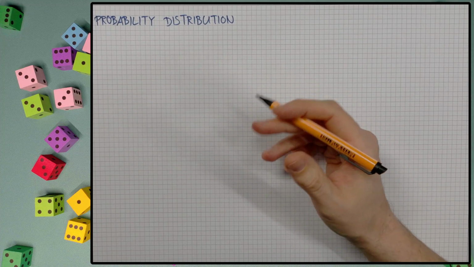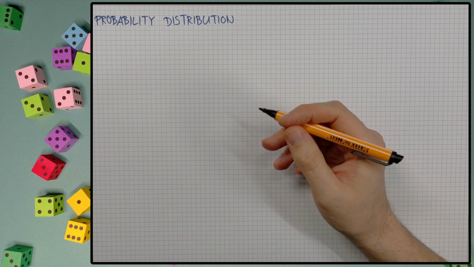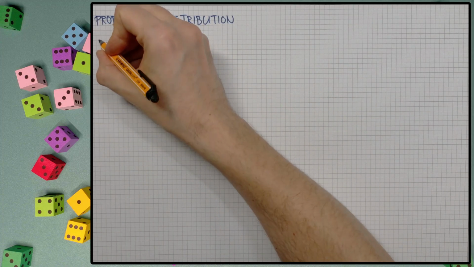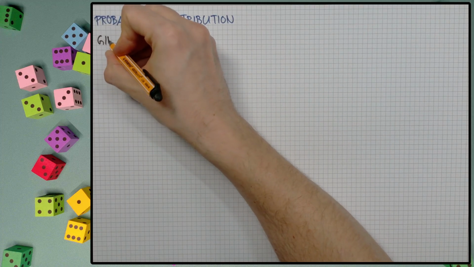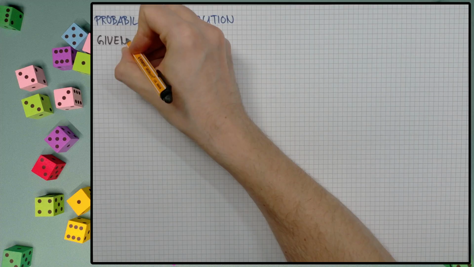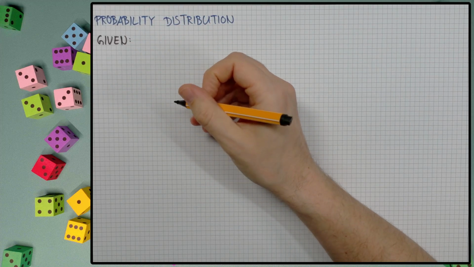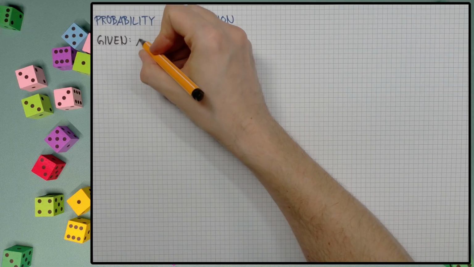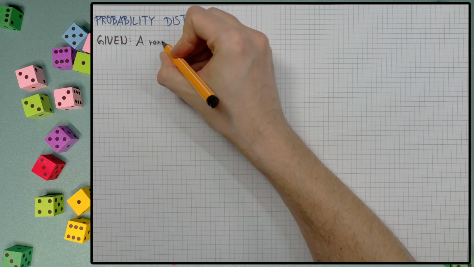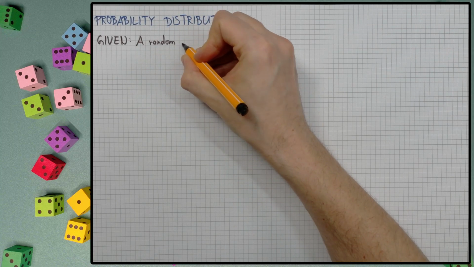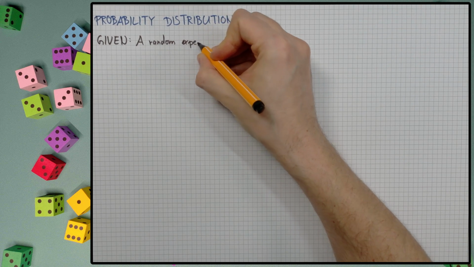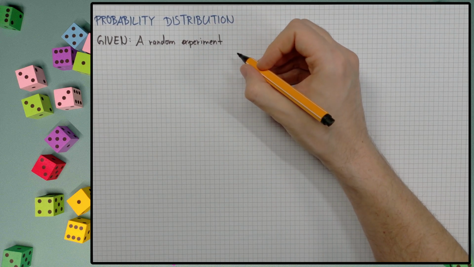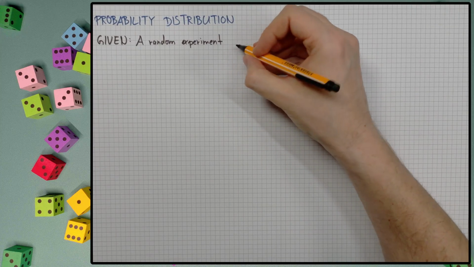What is the general situation when we are talking about a probability distribution? We have a random experiment. And we know the sample space.